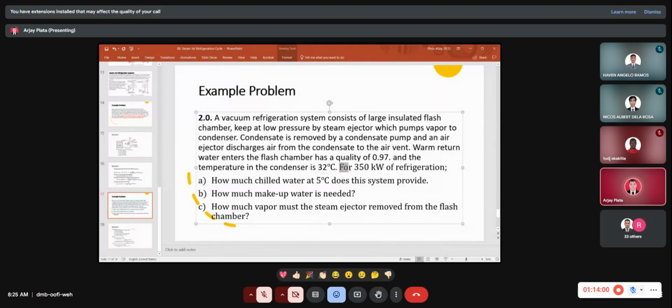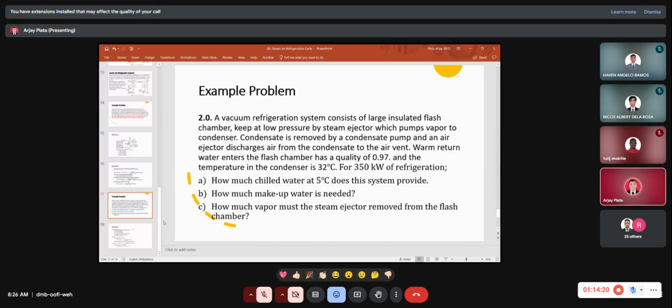So for 350 kilowatt of refrigeration, how much chilled water at 5 degrees does this system provide, how much makeup water is needed, and how much vapor must the steam ejector remove from the flash chamber?